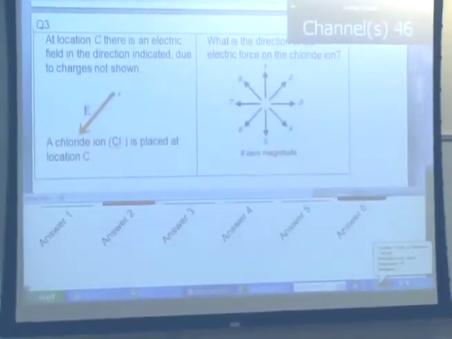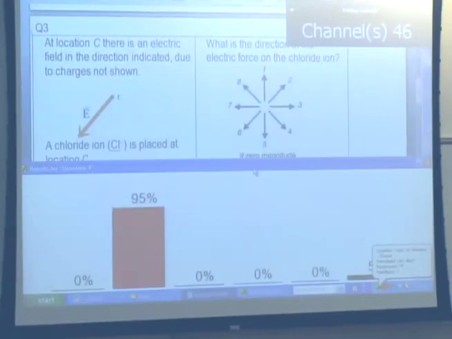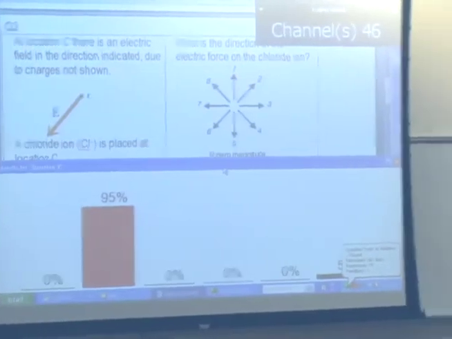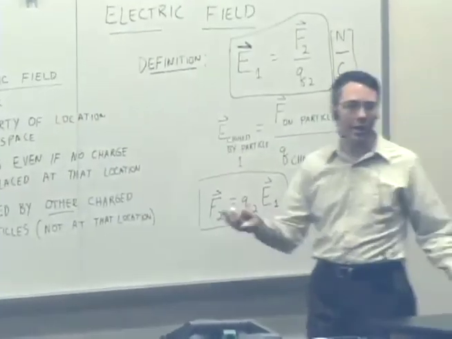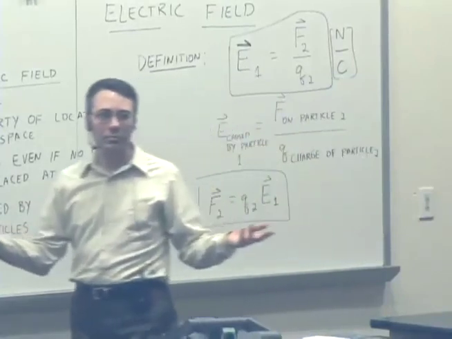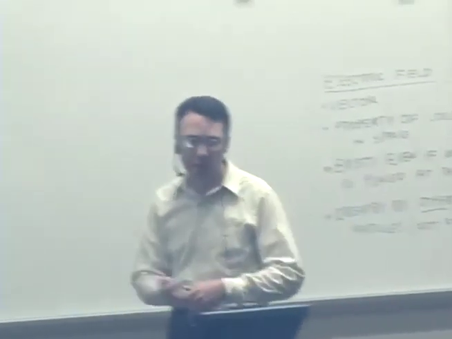If we place a negative charge there, and we know the direction of the electric field, we're trying to find the direction of the force. A negative charge times a vector gives us a new vector that points in the opposite direction of the electric field. Okay? This is okay, right? No problems here? Okay.